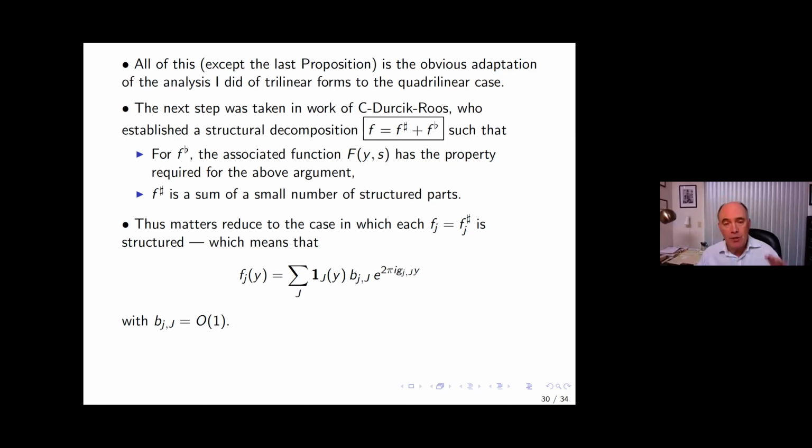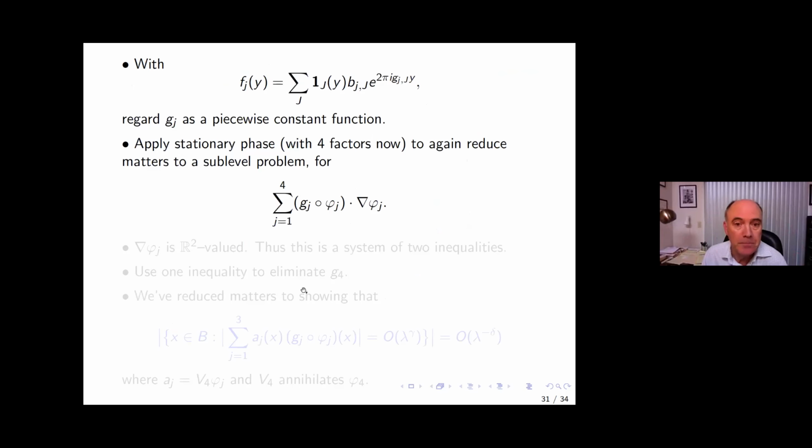Okay, and so the proof has now boiled down really to the heuristic situation I told you about at the beginning, where each factor locally has a relatively simple oscillatory structure, but I don't know how that structure varies from one short interval to another. Okay, so I'm now back to the quadrilinear oscillatory situation.